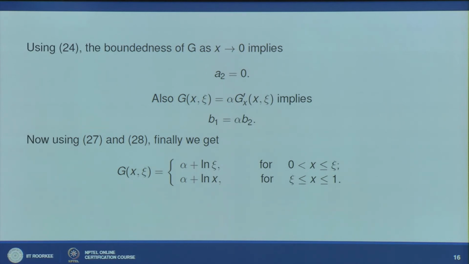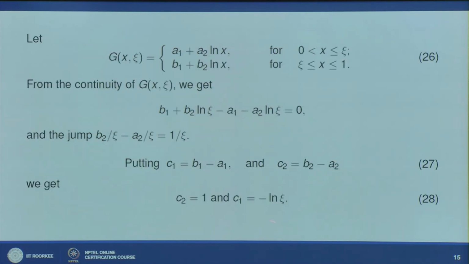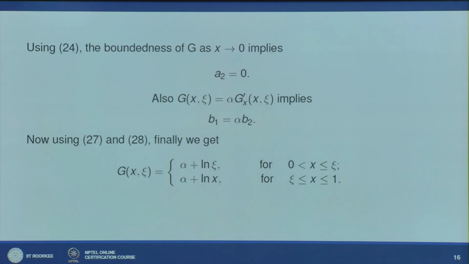So that simply shows that A2 is equal to 0, and the condition that G(1, xi) equal to alpha G_x(1, xi) implies that B1 equal to alpha B2. If we use this and C1, C2, you can easily write down that your G(x, xi) is equal to alpha plus ln xi for x less than or equal to xi, and equal to alpha plus ln x for xi less than or equal to x. So you can construct our Green function like this.